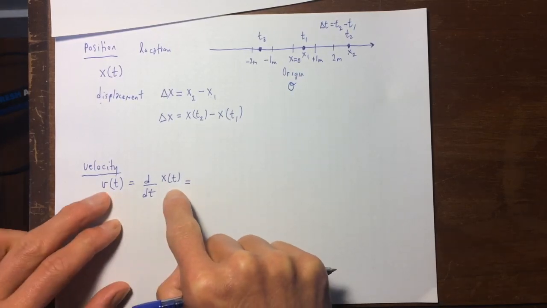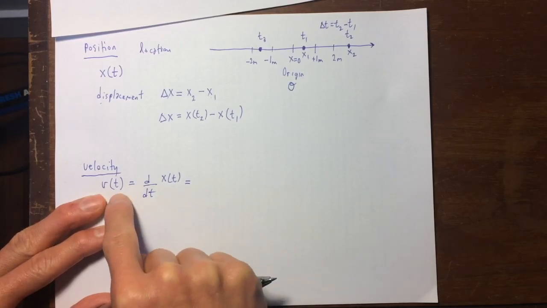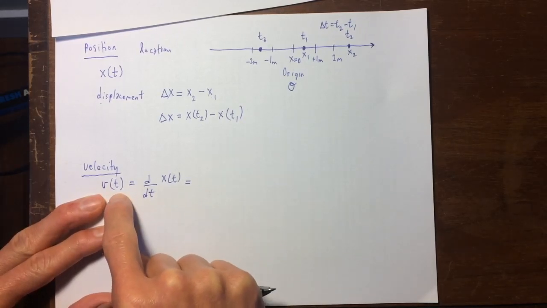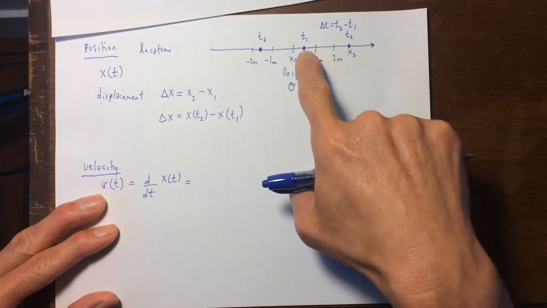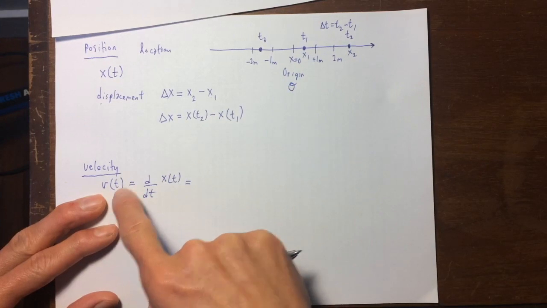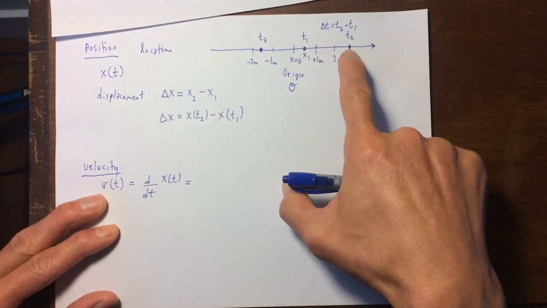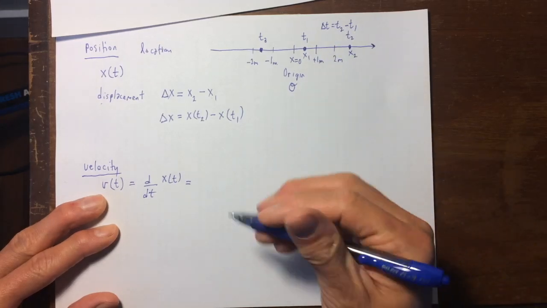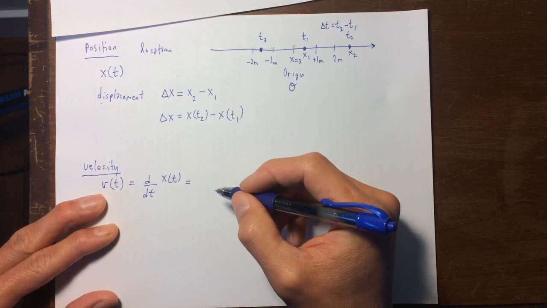But let's think about what velocity is meant to describe to us. Velocity describes something about how an object translates or changes position, but it also has something to do with how much time it took to have that translation or displacement. So the way I'm going to define the velocity is actually very natural.